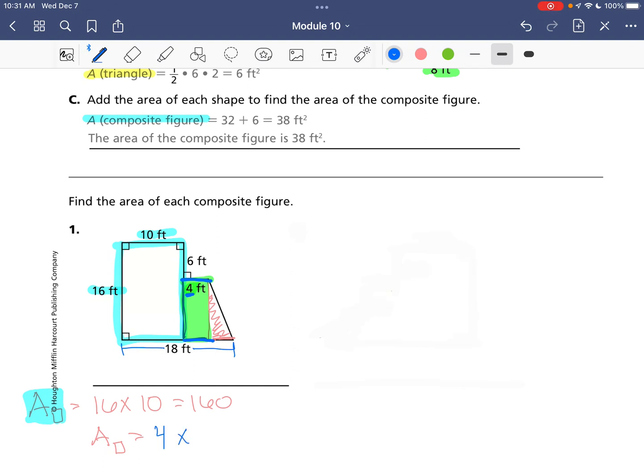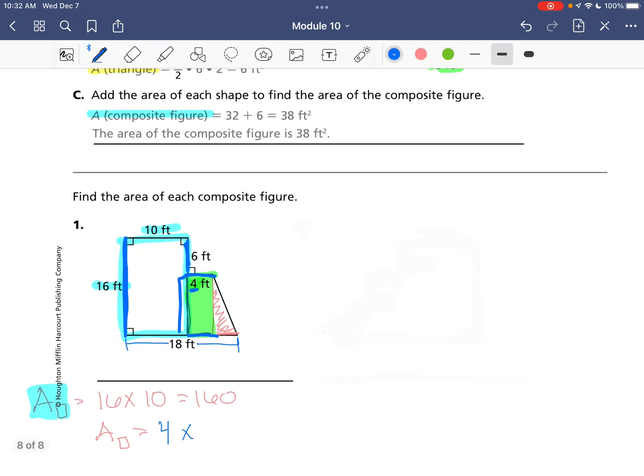We know that this whole distance is 16 and this is 6. So what is that distance from here to here going to be? It's going to be that 16 minus the 6 here to give us 10. So the height is going to be 10. So my area for my green part here is going to be 40.